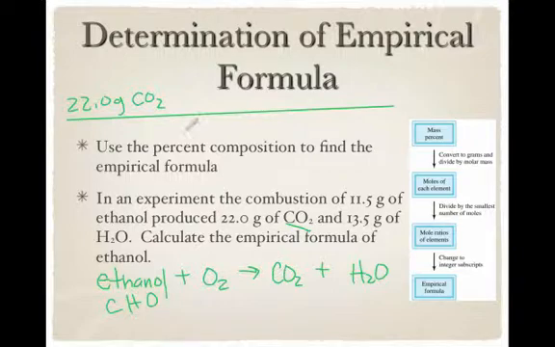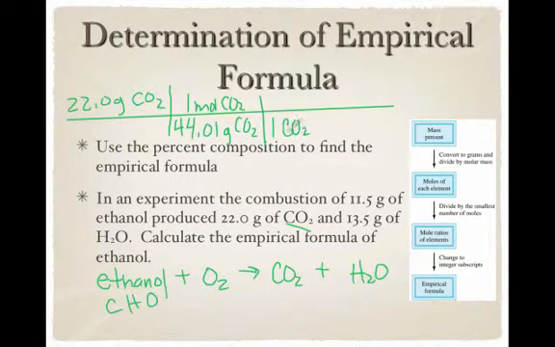It would be simpler. What we need to do is convert grams of carbon dioxide into moles of carbon dioxide. So the mass of carbon dioxide is 44.01. Now how many moles of carbon are in one carbon dioxide?